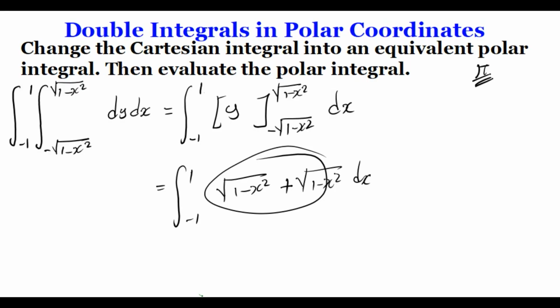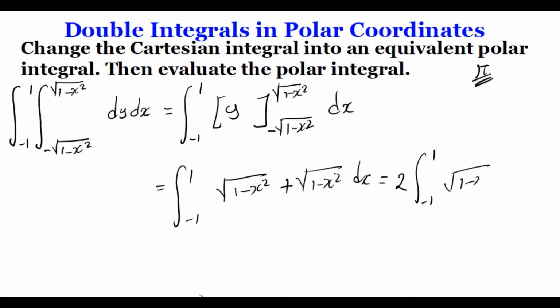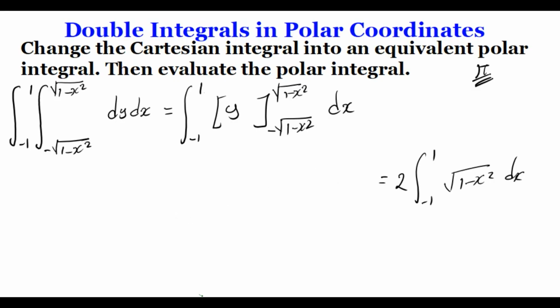These two are the same, so you can add them, and that's going to be 2 times the square root of 1 minus x squared, of which I can just put the 2 outside. Then I move from negative 1 to 1. I have the square root of 1 minus x squared dx, like that. What this one requires is trig substitution, I think.